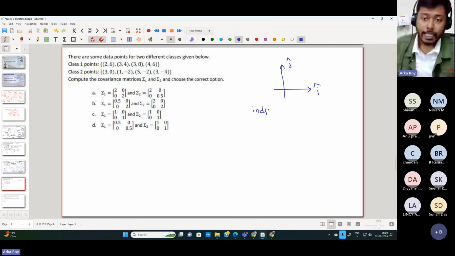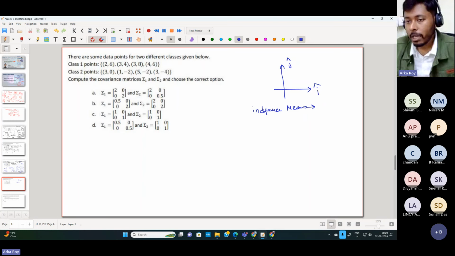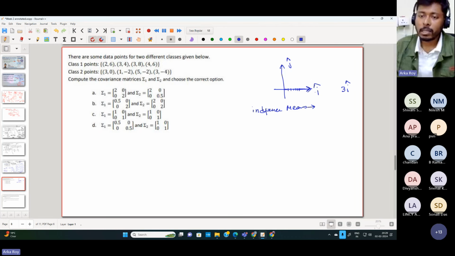Independence means when you think about I cap, you don't have to think about j cap. If you are moving along the x axis only, for example I have gone 3 steps in the x axis, you write 3i. Will there be any j component if you move along the x axis?